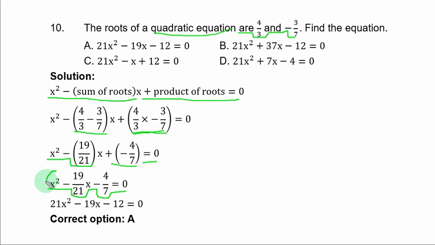Multiply this by 21, you have 21s squared, minus multiply the second term by 21, you have 19s, minus multiply this by 21, you have 21 times 4 over 7. If you divide 21 by 7, you have 3. 3 times 4 is 12, then equal to 0. A is the correct option.